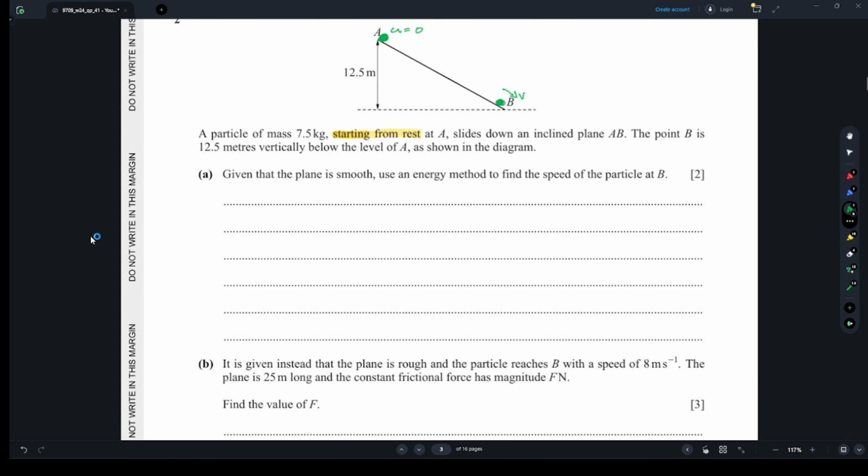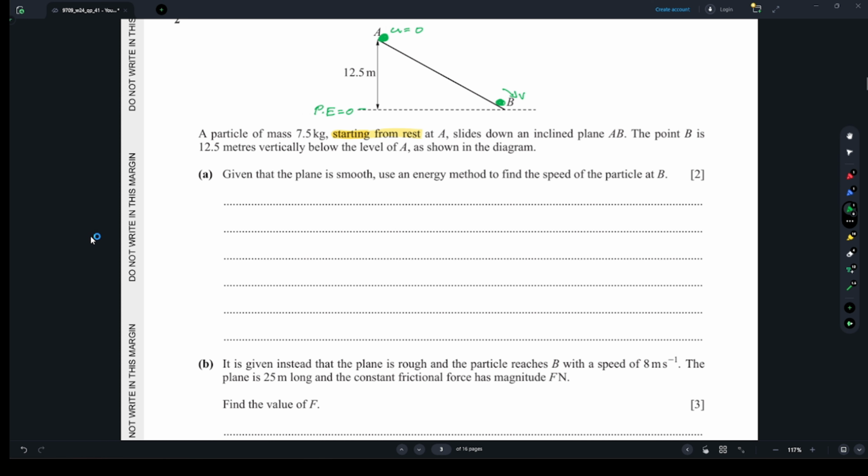Since we don't have any resistance, there's no energy loss due to resistance. So the only thing is, when it reaches point B, it gains kinetic energy because it has a velocity now. And we can consider the potential energy as 0 at this bottom level. Okay, so then we can take the gain in kinetic energy equals the change in gravitational potential energy, right?